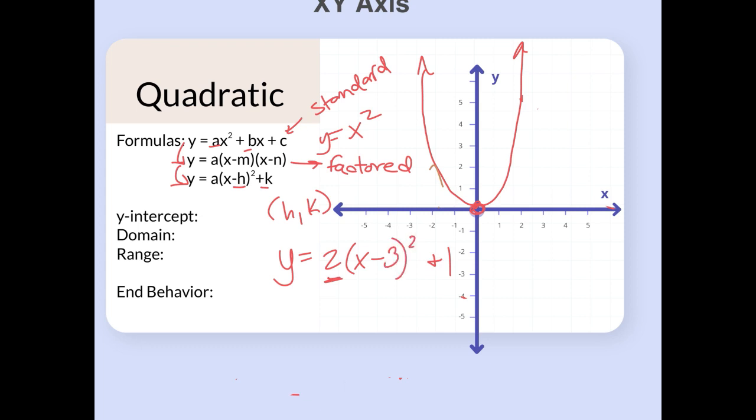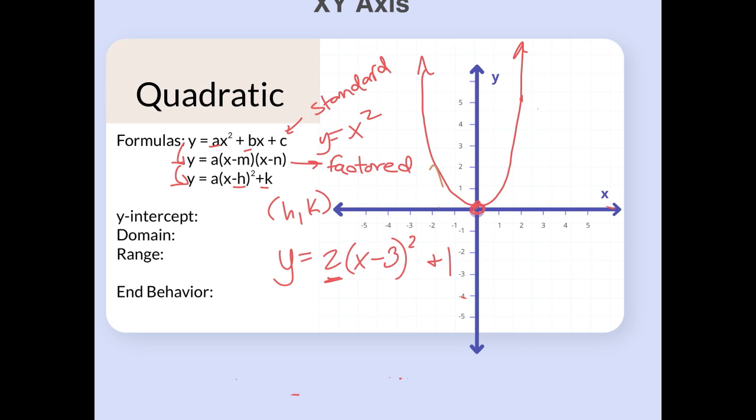So remember that the h is our x value and the k is our y value, and that changes our vertex. But think about that for a second. If I change the vertex, that means I basically have to shift the entire function because the function kind of pivots around the vertex.